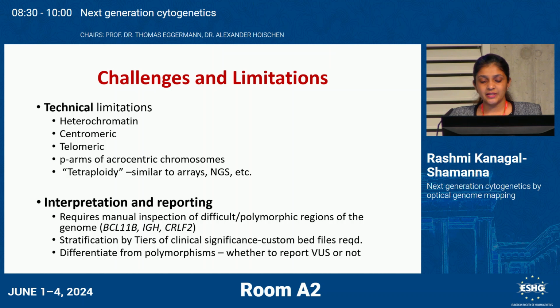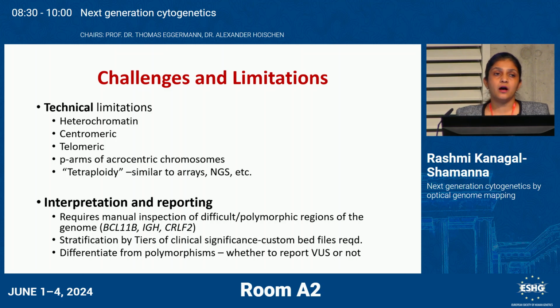And based on our experience, there are certain difficult to map or polymorphic regions, especially clinically relevant regions, that it's important to manually look for, no matter what the color determines. This would be the BCL11B in ALLs, the IGH translocations because of the highly polymorphic regions, and CRLF2.